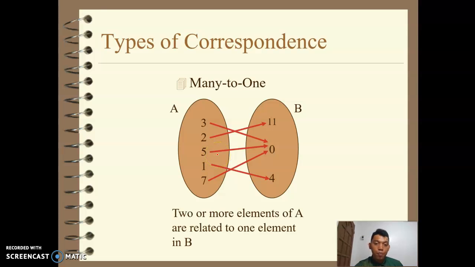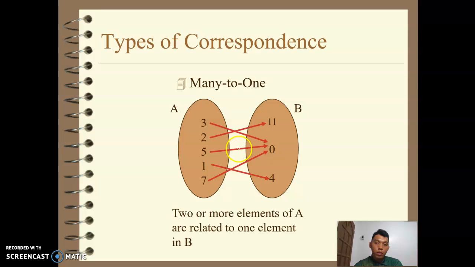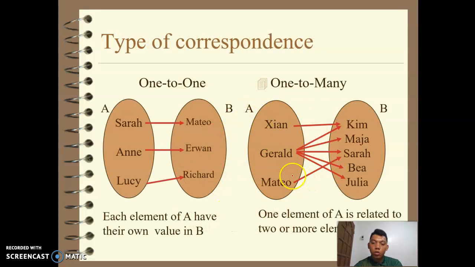So among the three correspondences, there are only two functions. One is one-to-one: Sarah, Mateo, and Erwan, Lucy, Richard. And then many to one, this is still a function. And this one is not a function. Actually, in this one, the two names should have been included so that we can give a concrete example.